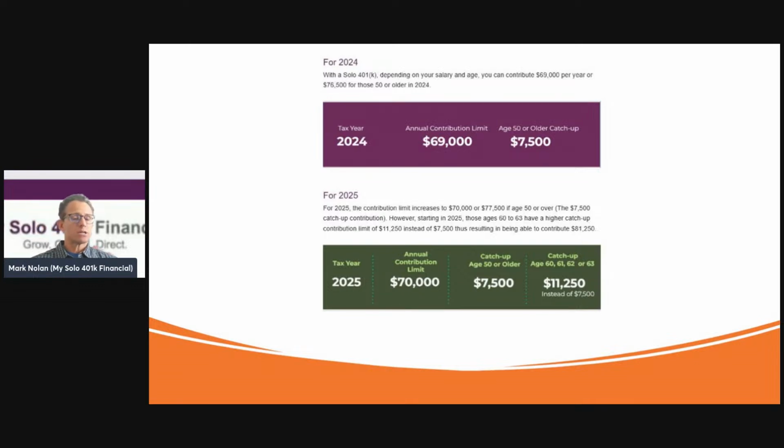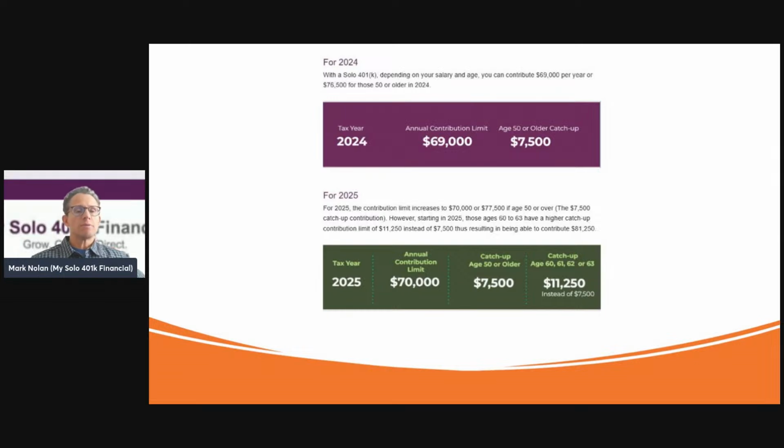There's also a catch-up contribution of $7,500, which stayed the same as 2024. However, there's an additional super catch-up contribution. It's known as the super catch-up. It's only available for those who are age 60, 61, 62, or 63 in 2025. So it's only available for 2025 and future years.